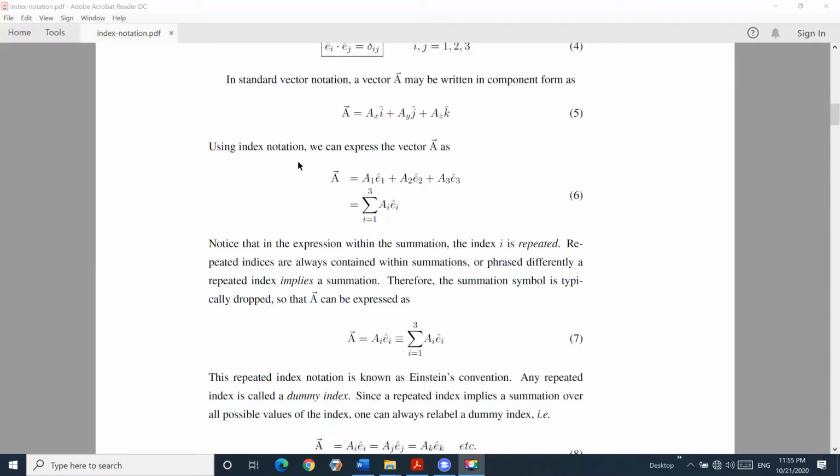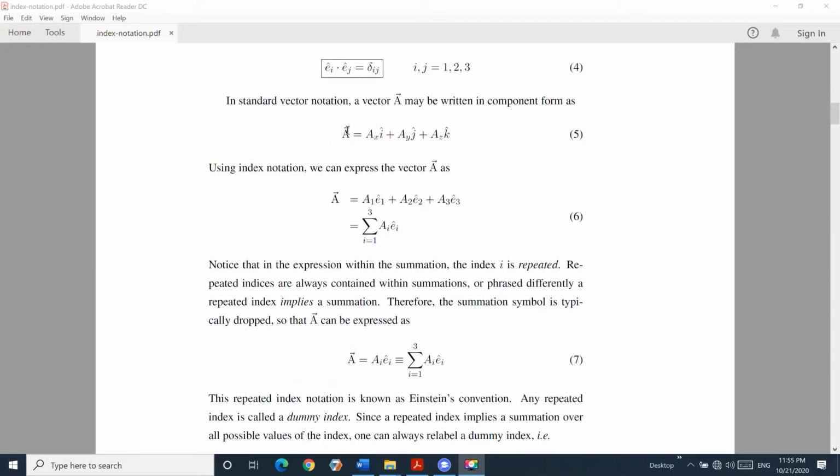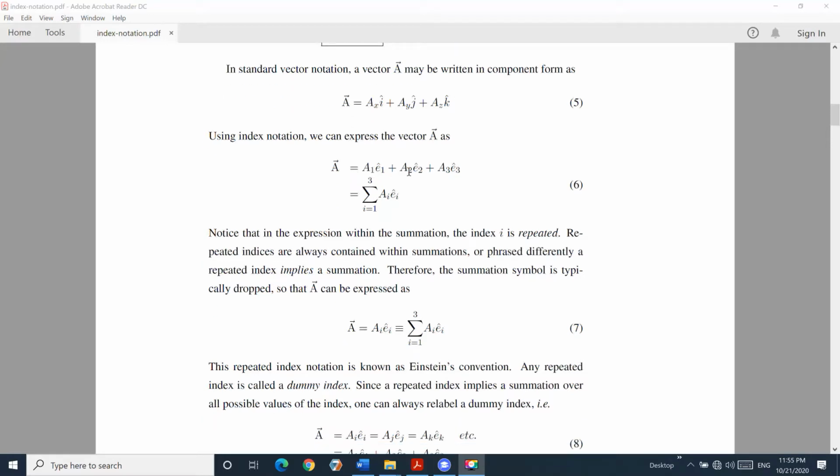Using the index notation, we can represent the vector like this: a1 e1 plus a2 e2 plus a3 e3.